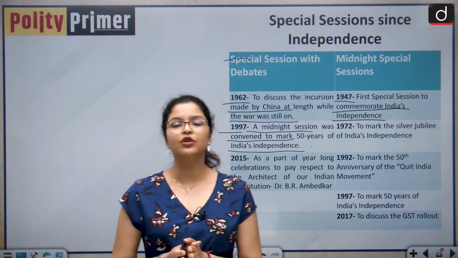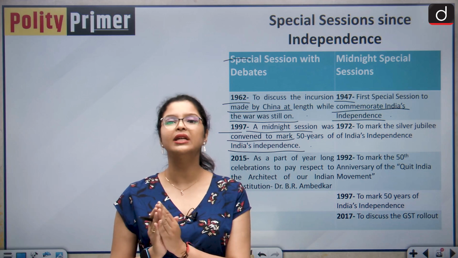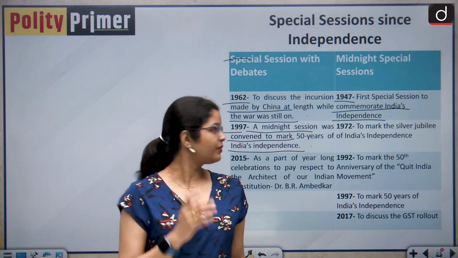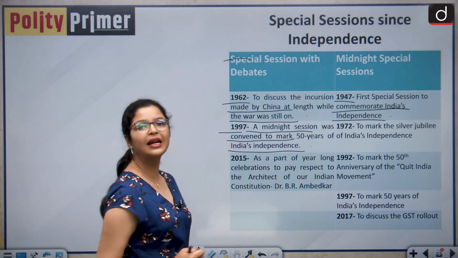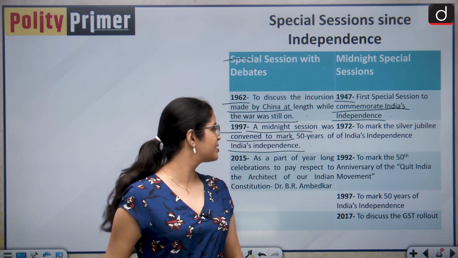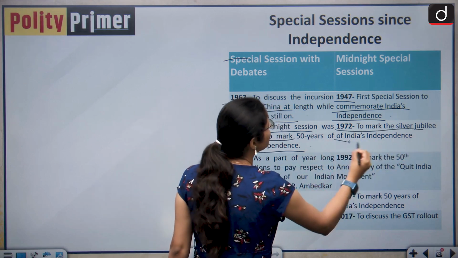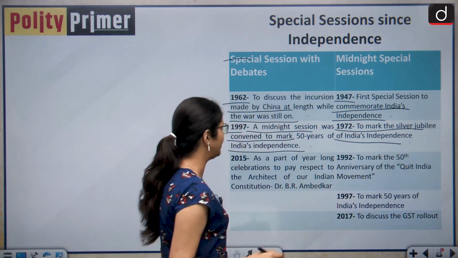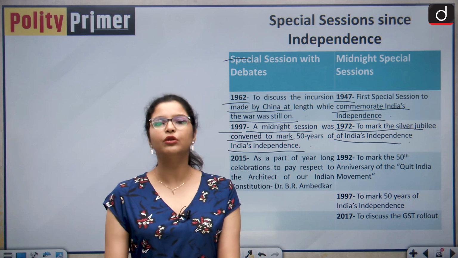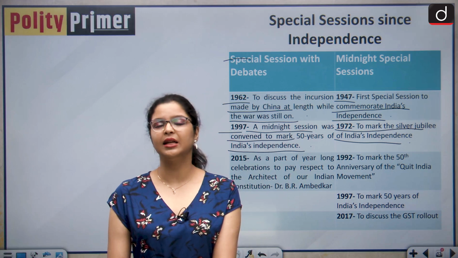So as I was explaining, to celebrate important milestones, we can call a special session of the parliament, and in 1997, a midnight session was called to celebrate 50 years of our independence. Then in 1972, it was called to mark the silver jubilee of India's independence.